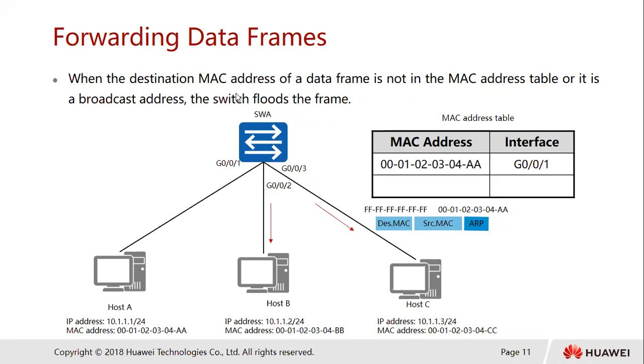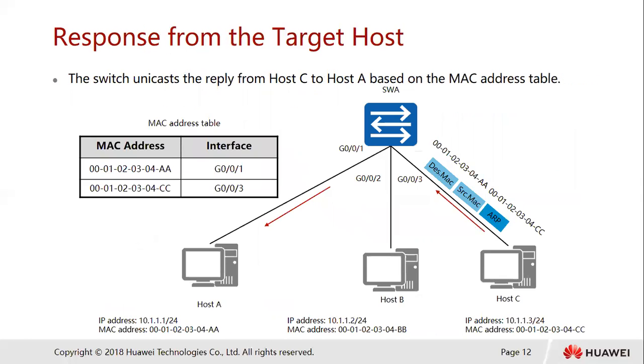One, the destination MAC address of a data frame is not in the MAC table. Or two, the data frame is a broadcast, then the switch is going to send that frame to all the ports apart from the port where it received the frame from.